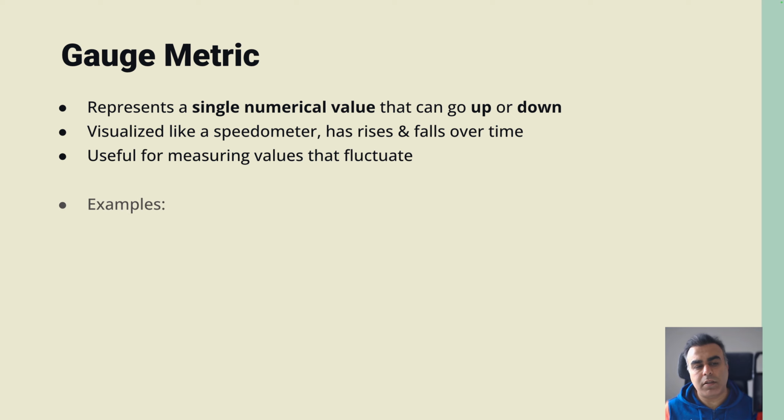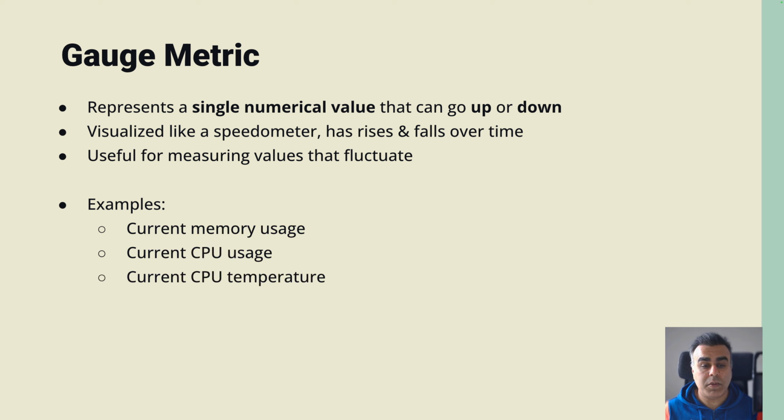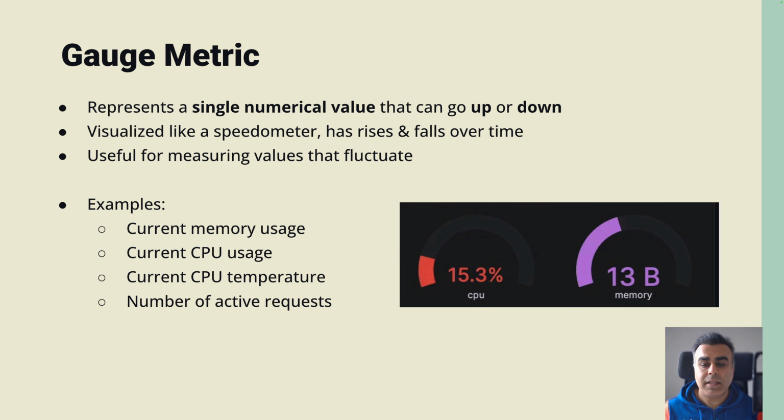There are plenty of examples for such a metric, like current memory usage, current CPU usage, current CPU temperature, and number of active requests. The visualization of such metrics is like a speedometer, which is available in the Grafana dashboard. And like a gauge, the numbers can go up and down between some ranges.